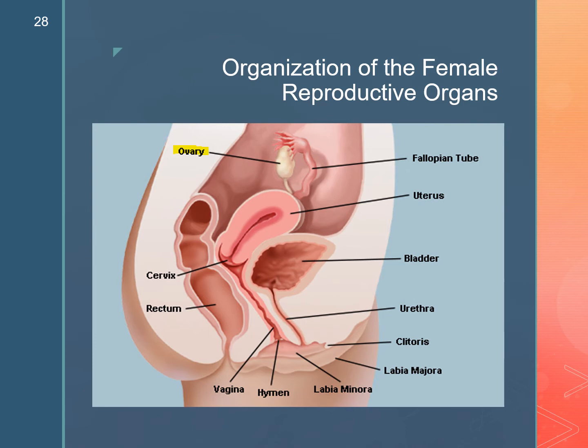It also shows a little bit of the external genitalia here. It also shows the bladder, which again is not a part of the female reproductive system, but it does give you an idea of where the uterus is in relation to the bladder. It sits in front and below the uterus.